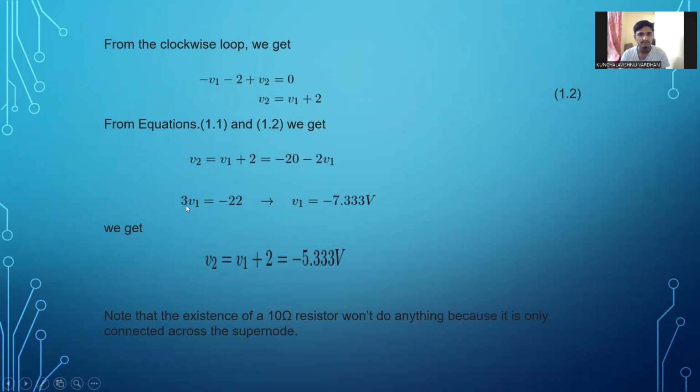Simplifying this equation, we get 3V1 equal to minus 22, where V1 equal to minus 7.333 volts. We substitute the V1 value in either of these two equations. We get V2 as minus 5.333 volts.